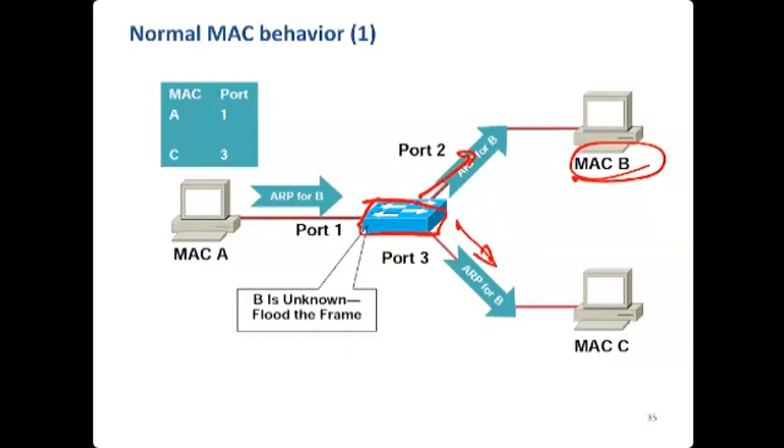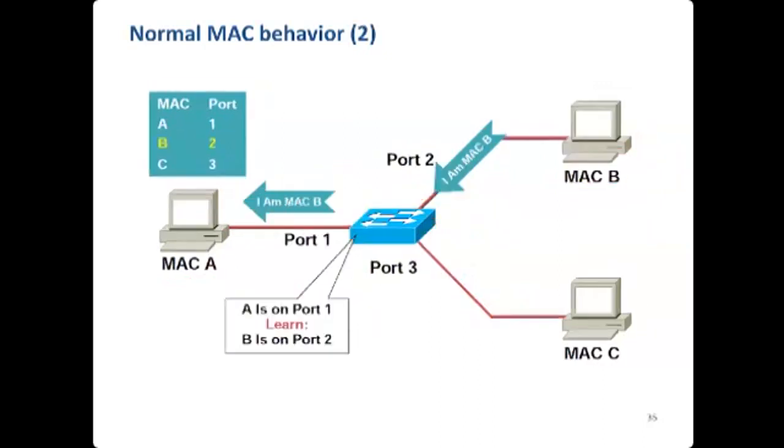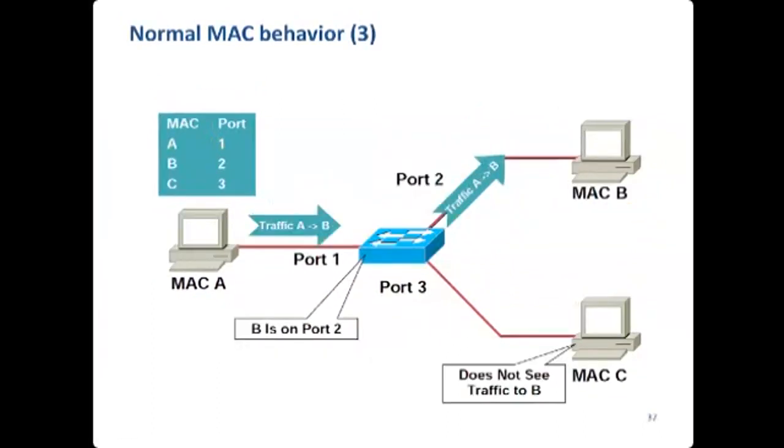ARP is Address Resolution Protocol, which we'll study later. Just assume that from MAC A, a packet has to go to B, and the switch does not know where B is, so it will send it to all, right? Okay, and then B will respond back, and then this switch will now learn that B is connected to port 2. Okay, so this learning we have already discussed in previous slides, right? So this is the normal behavior.